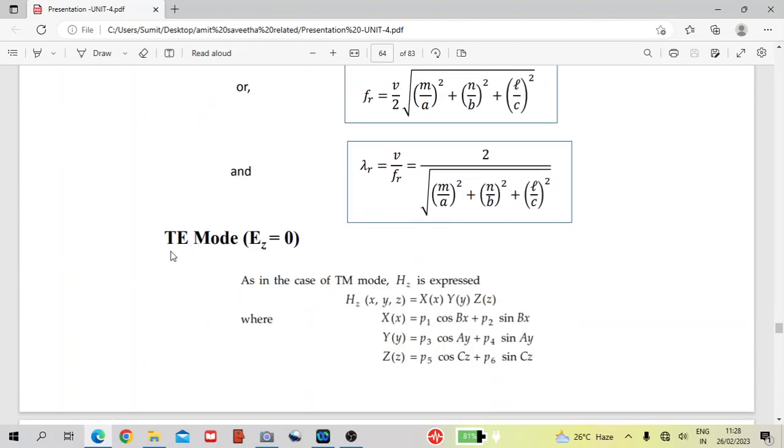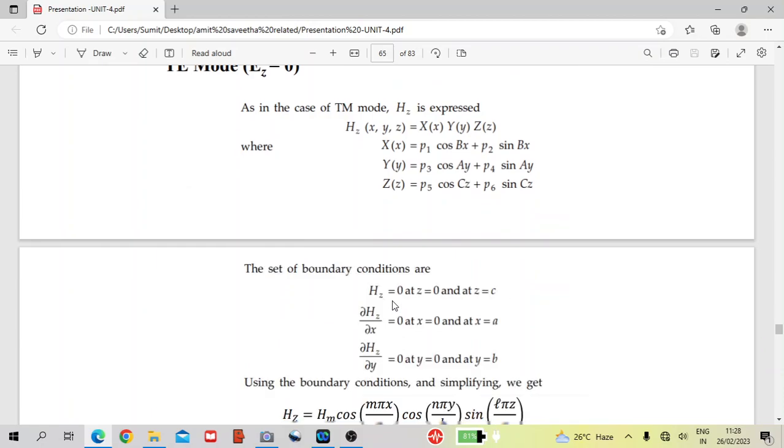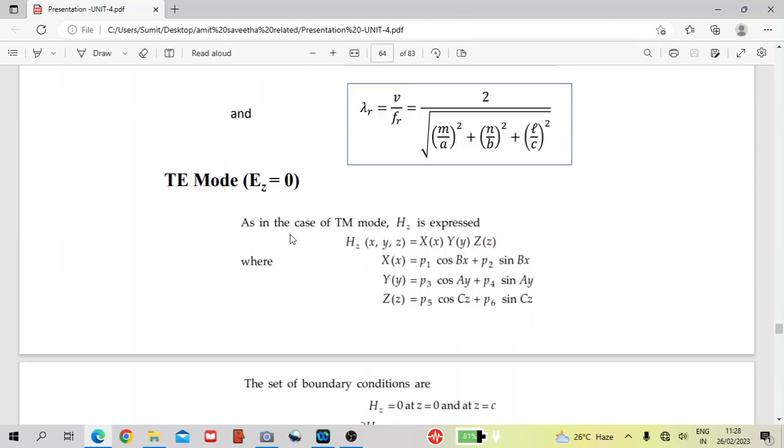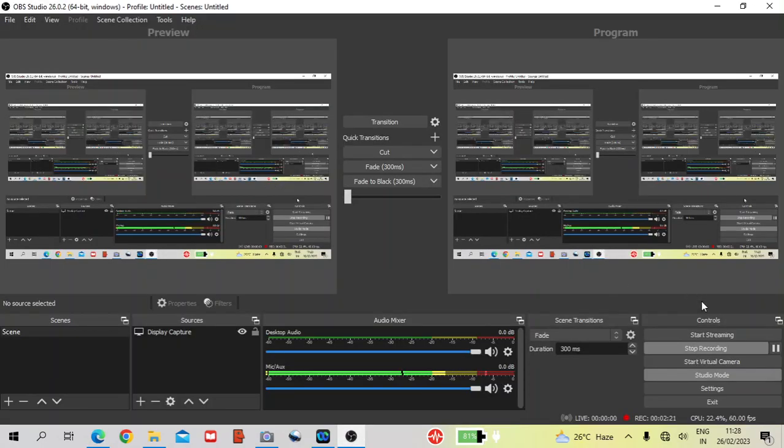And for TE mode, Ez is equal to 0, as in the case of TM mode Hz is expressed in this way. So like this, for TE mode also it can be expressed in this way.